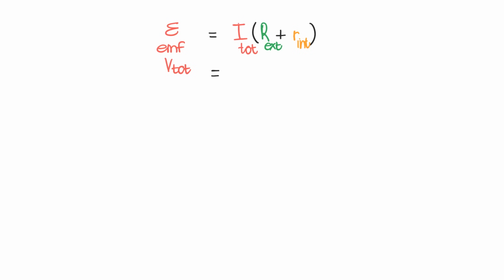In other words, to take the I and multiply it by the green R and then by the orange R. If we were to do that, we would have the I total, which would be multiplied by each of the R's. In the first step, by the external, and in the last step, by the internal resistance.